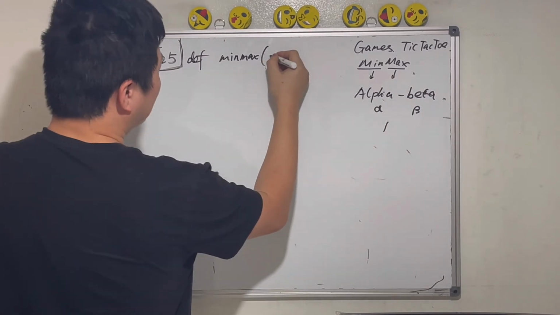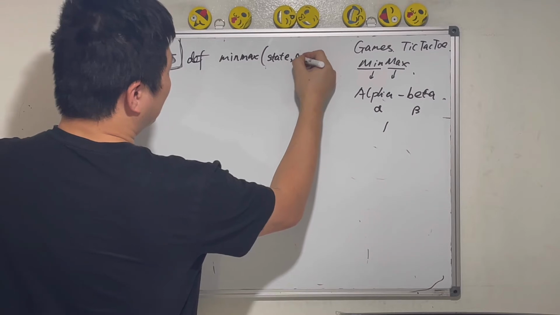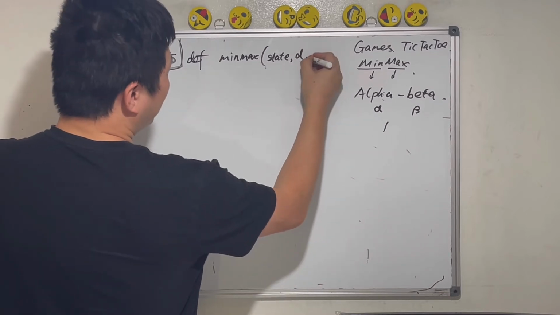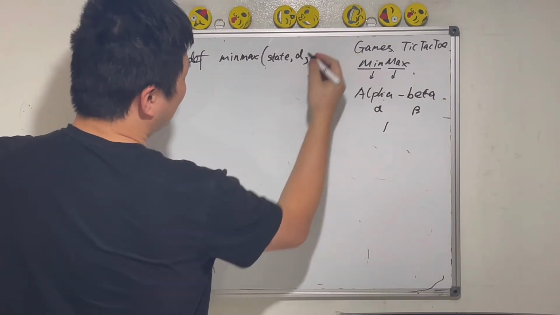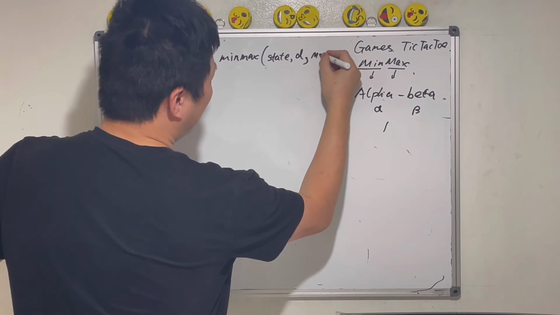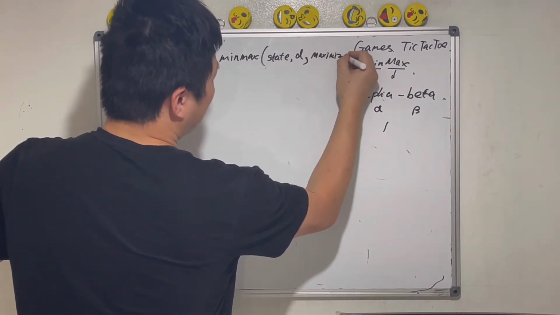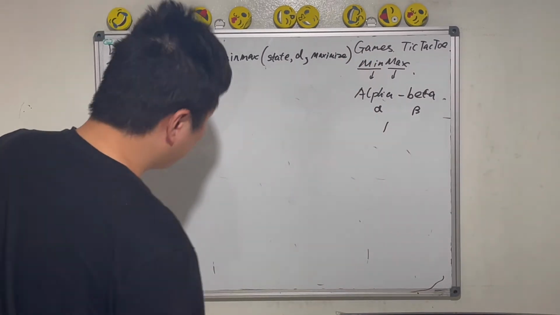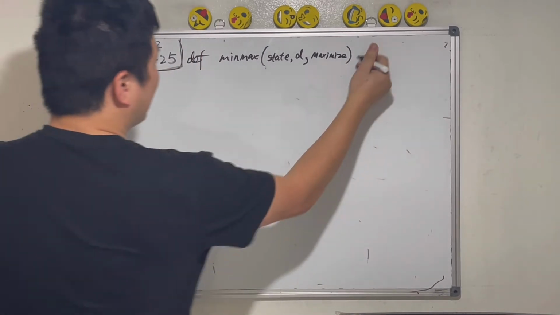So we have a state, a depth, D for depth, and we are maximizing. Let me just write it.